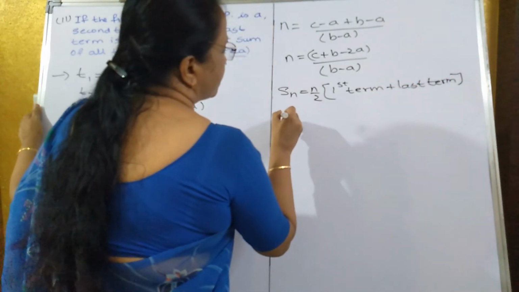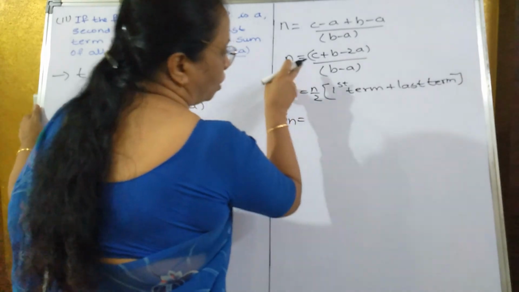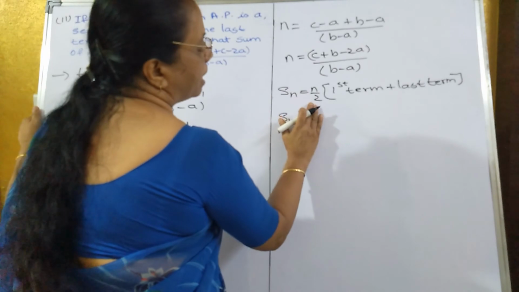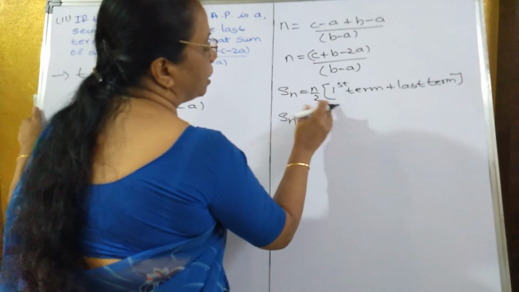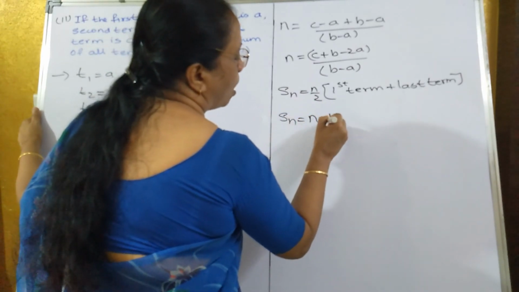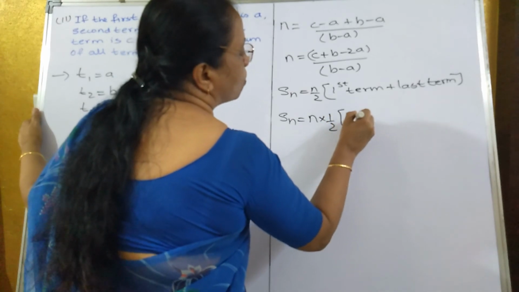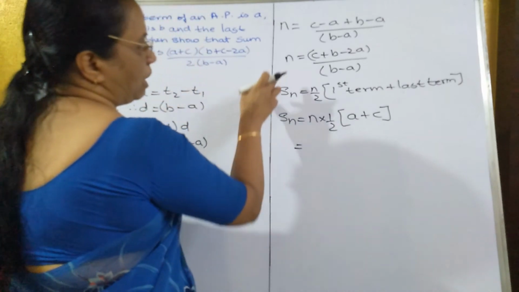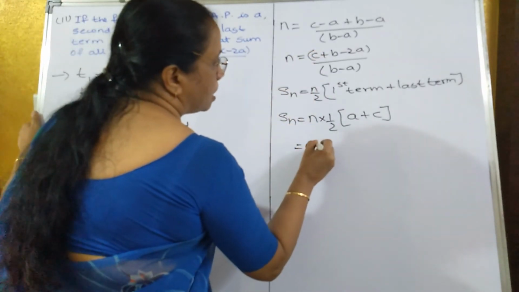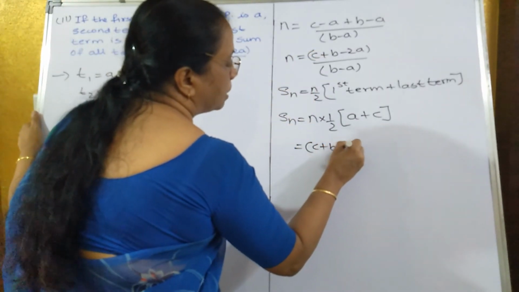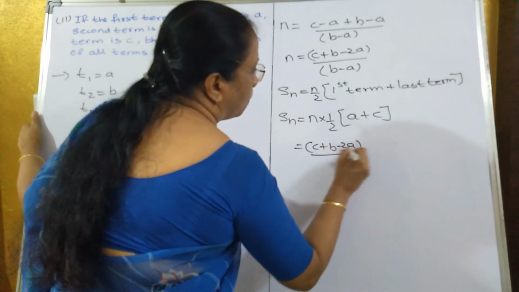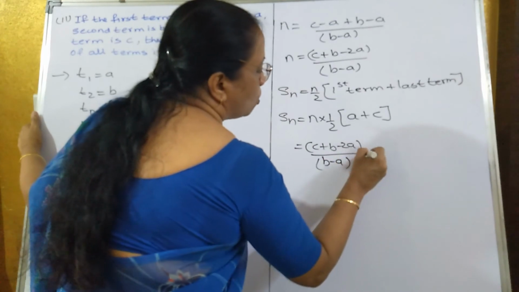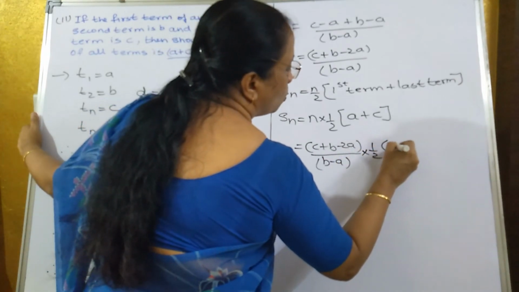For convenience sake, before you put the value of n, I'll write this 2 separately, that is n into half, into first term A plus last term C. Now put the value of n. N is C plus B minus 2A upon B minus A, into half, into A plus C.